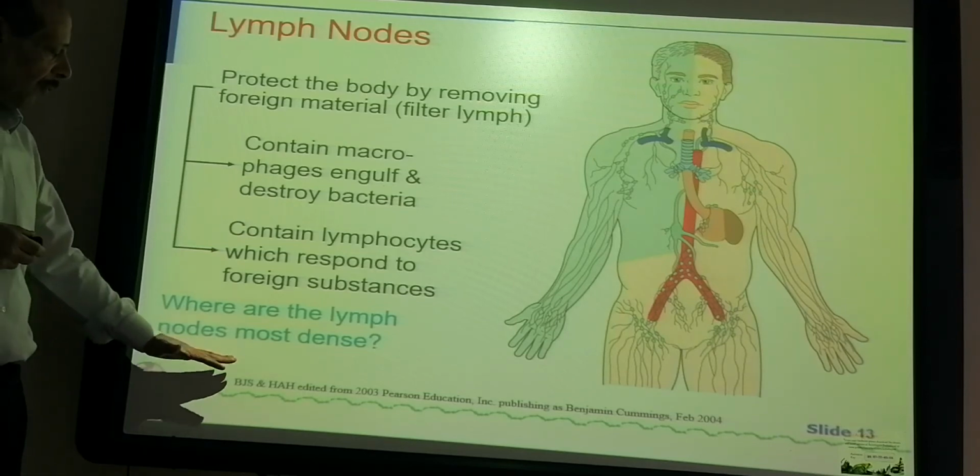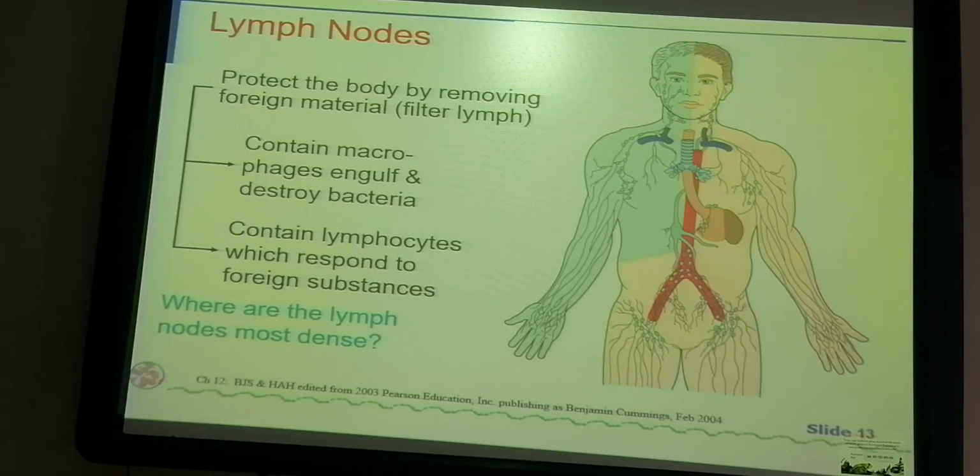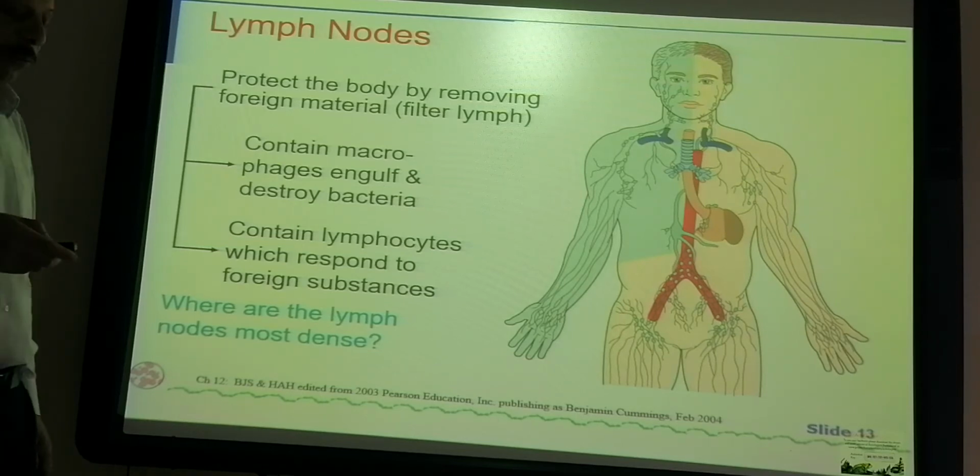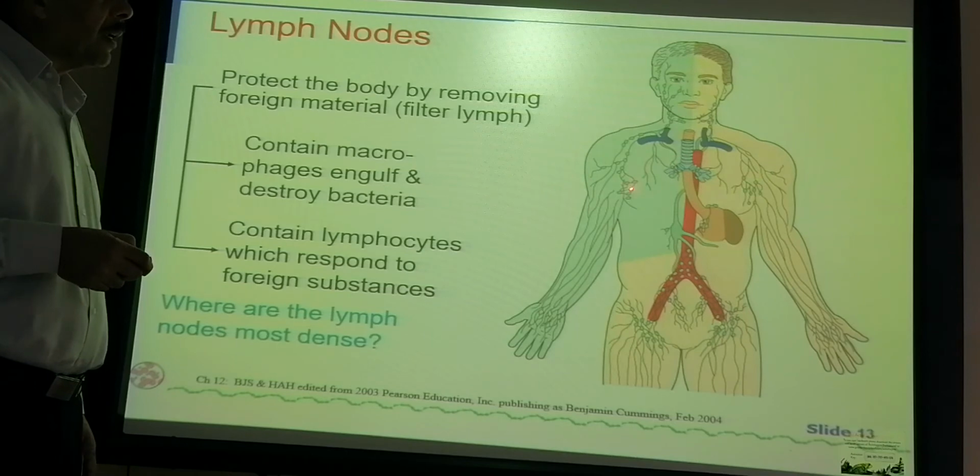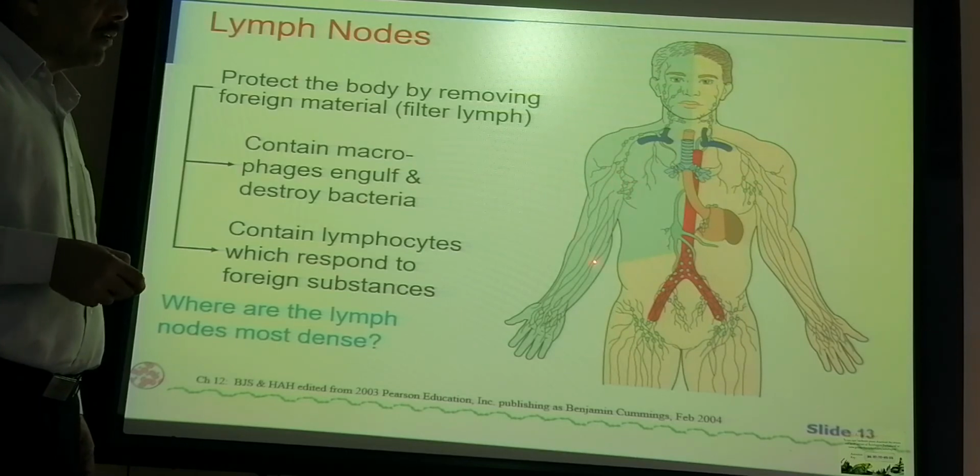Where are the lymph nodes most dense? If you see this diagram, here we have the axillary lymph nodes.